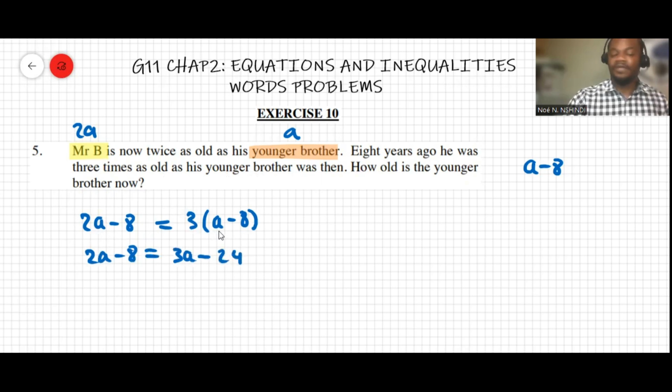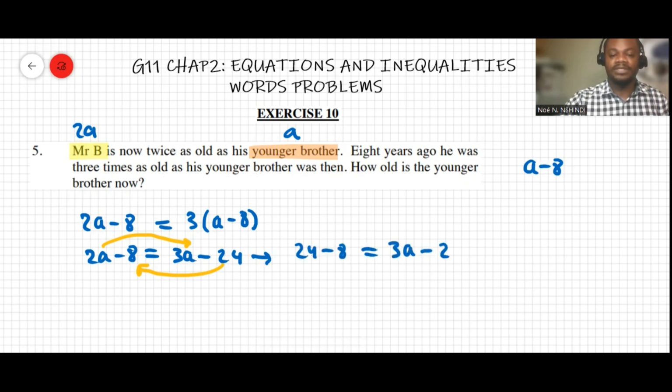If I move the 2A over and the negative 24 over, this would be 24 minus 8 equal to 3A minus 2A. 24 minus 8 is 16, and 3A minus 2A is just A. So how old is the younger brother now? The younger brother is 16 years old.